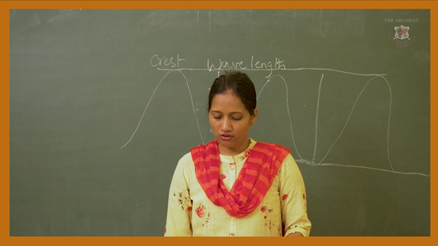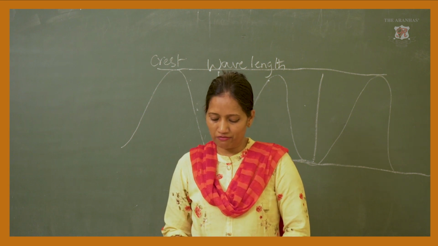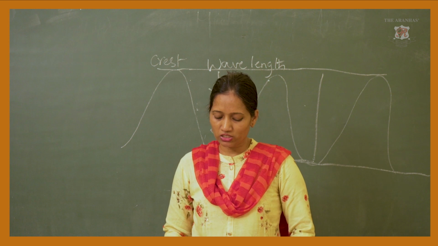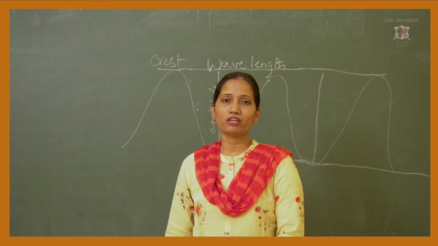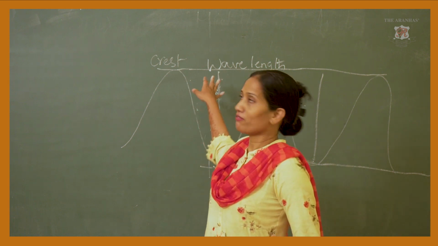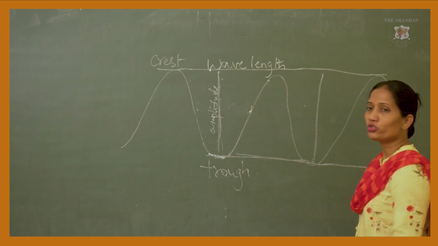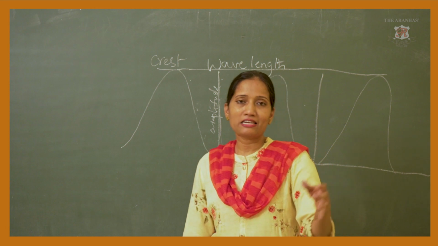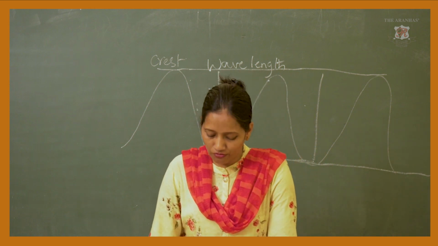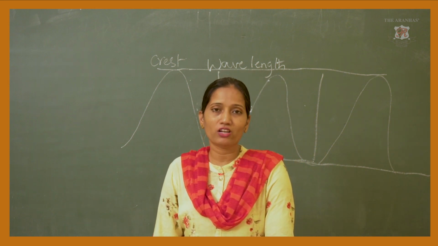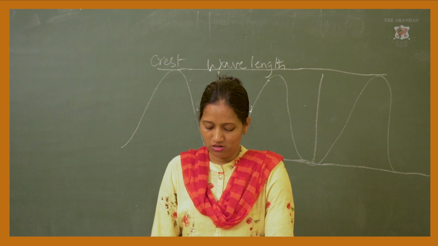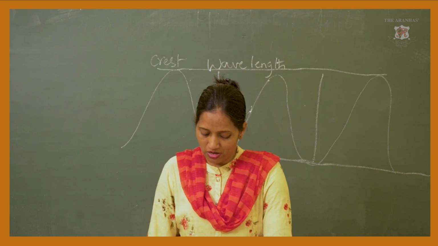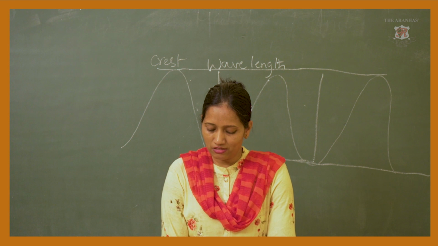And the wavelength, its amplitude and its velocity depend on the velocity of the wind. So whatever wavelength or amplitude or velocity is created depends upon the force of the wind. Now, velocity of waves. Please underline this.